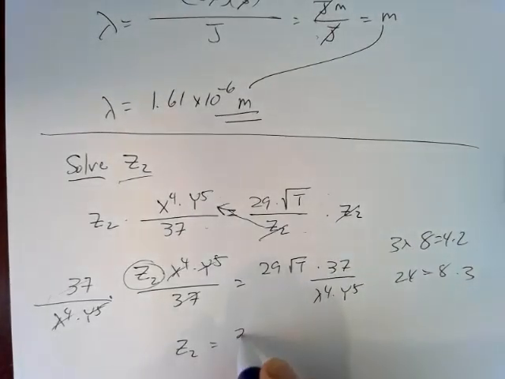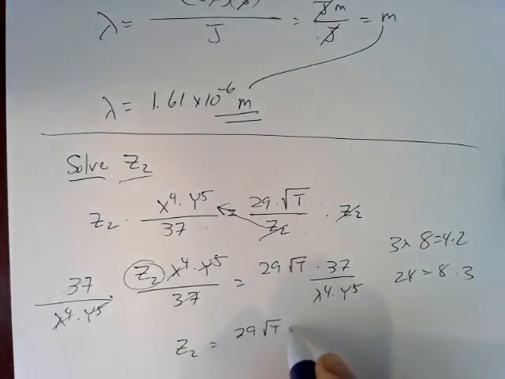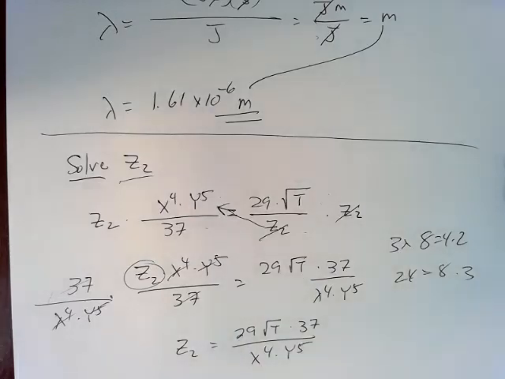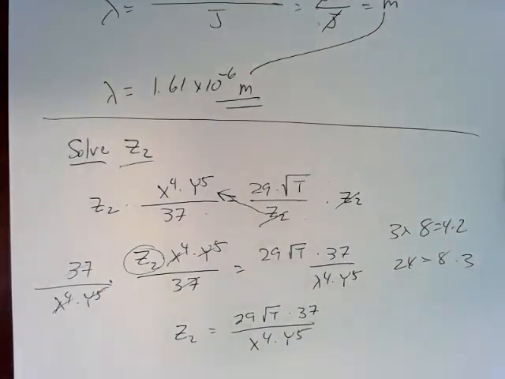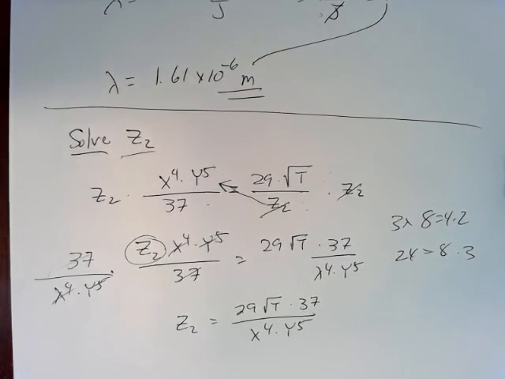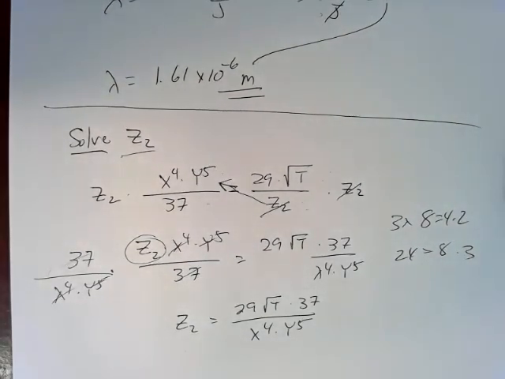So this side ultimately becomes 29 times the square root of t times 37 over x to the fourth times y to the fifth. We don't have to know what x is. We don't have to know what y is in this case, or t. We're just manipulating symbols. But again, if we're talking about chemical equations, these kinds of manipulations are necessary and helpful to know.